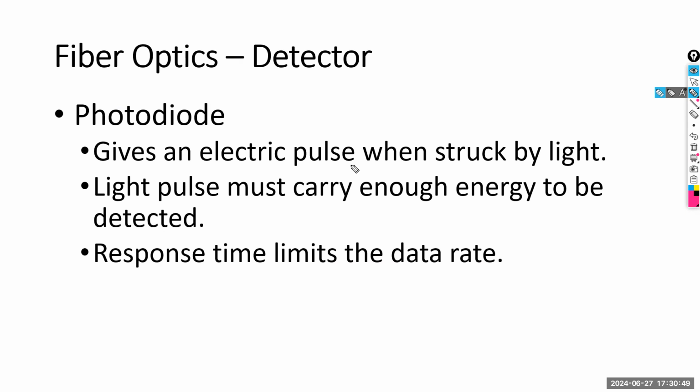Inside the computer we don't use light signals. What we use is electromagnetic signals. So it interprets the incoming light signal and generates an electromagnetic signal. Okay. And then of course the media itself.